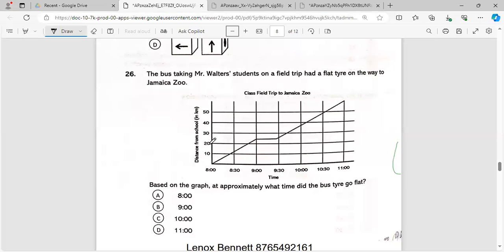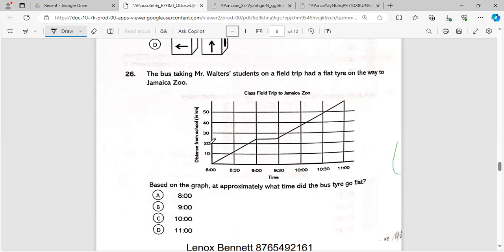So, as it shows, the bus starts going at 8 o'clock, and then at 9 o'clock there's a sudden stop, and then at 9:30 it keeps elevating, and then at 11 o'clock it goes down, which means that they reach the destination of the field trip.